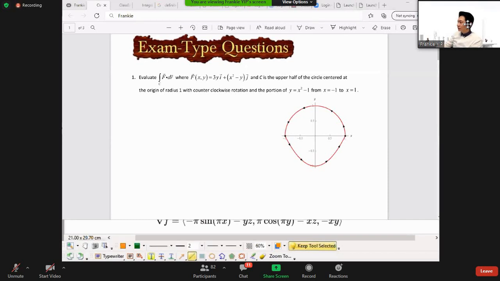First of all, you are asked to work out the line integral of the vector field, right? And the first half is a circle in the anti-clockwise direction, and another half is based on this formula. So that means for the first half you need to use the parametric form of a circle to write it out.